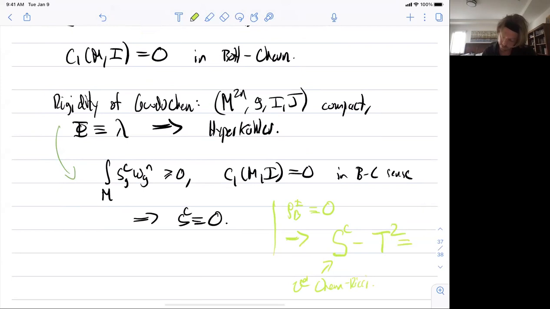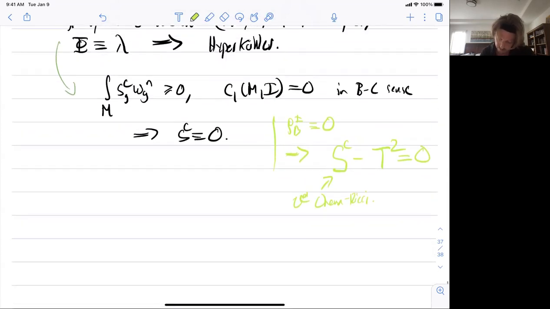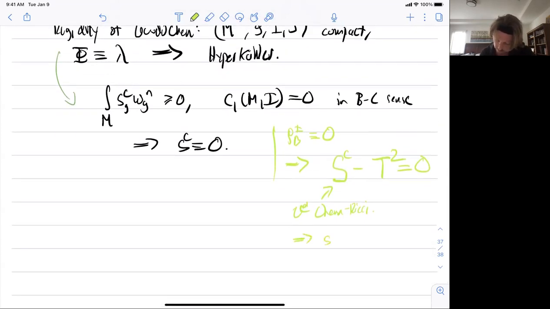Then this is 0. In particular, I don't even need this equation. This is an equivalence, but in any case, it implies that the scalar curvature minus the magnitude of the torsion squared is 0. So if S has to vanish, then the torsion has to vanish. And so once the torsion vanishes, it's Kähler, and then it's Ricci flat, and so it's hyperkähler.